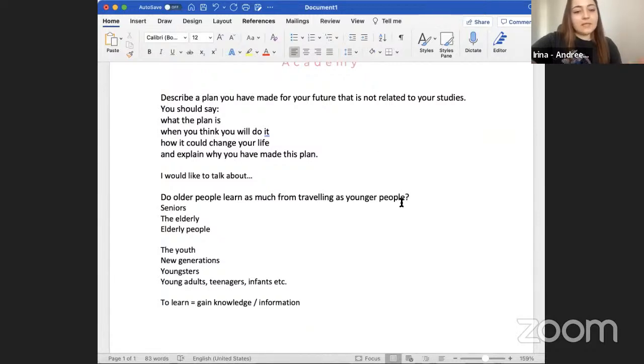If you practiced reading and listening, you probably noticed that synonyms are very important because they don't use the same words in the question as in the text. Most of the time, they use a synonym. So vocabulary is a big part of IELTS.